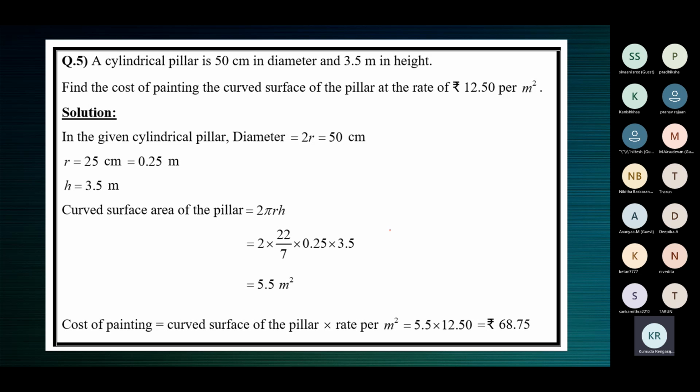So radius is 25 centimeter, 25 by 100, which is 0.25 meters. Height is 3.5 meters. So we'll find the area in meter square and then the rate and then the cost.